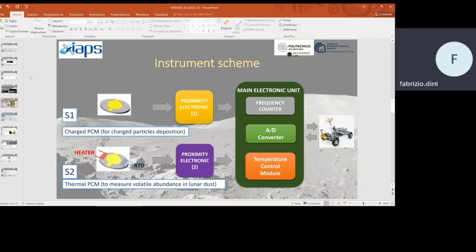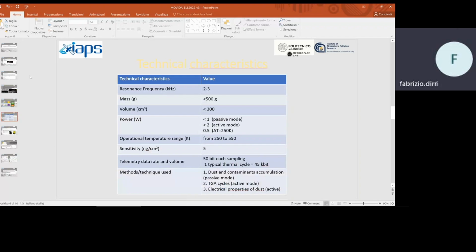Each sensor has its own proximity electronics, while the main electronics unit can be shared with the main electronics of a rover or a spacecraft, depending on the scenario and the payload.